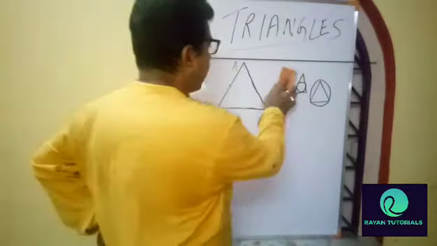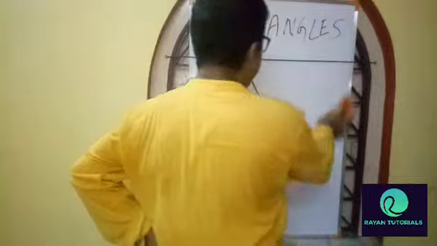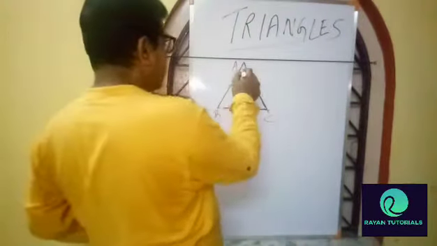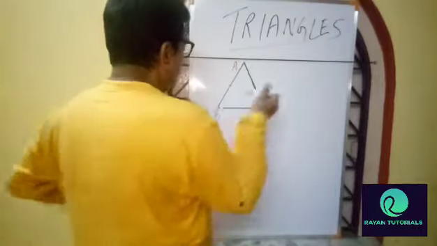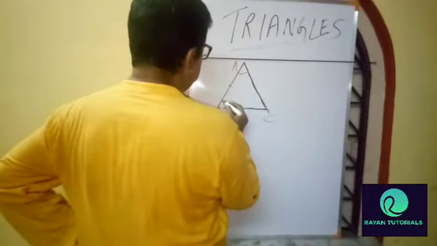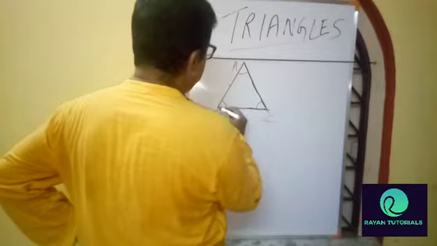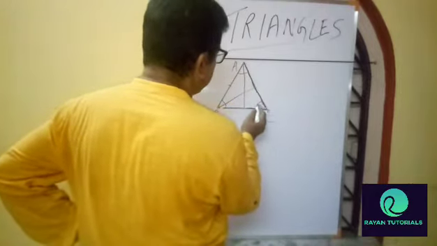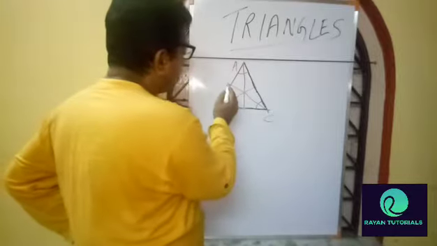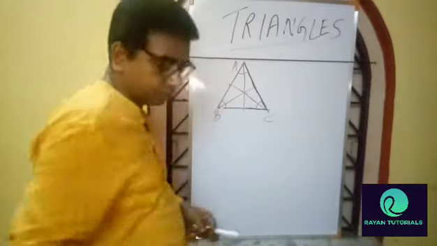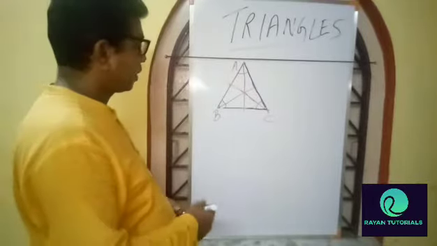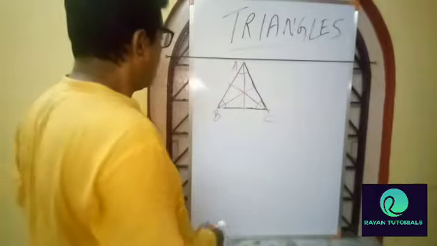Clear? Okay. Now how will we get the incenter? I tell you one thing. These are the angles. Just bisect the angles. Now please don't ask me how to bisect the angles. You know how to bisect the angles? I hope you know.